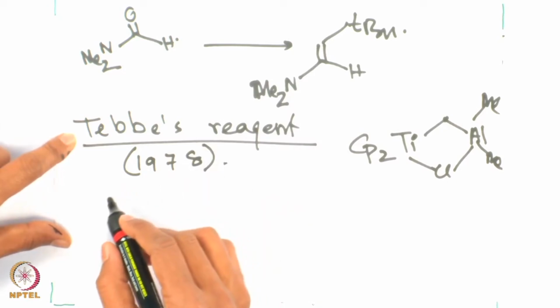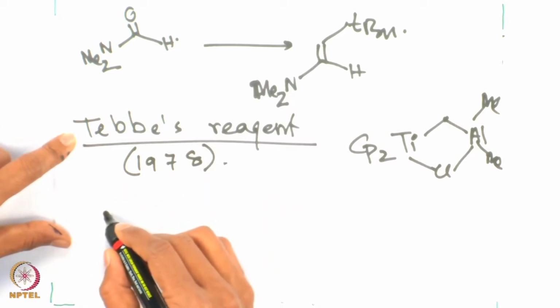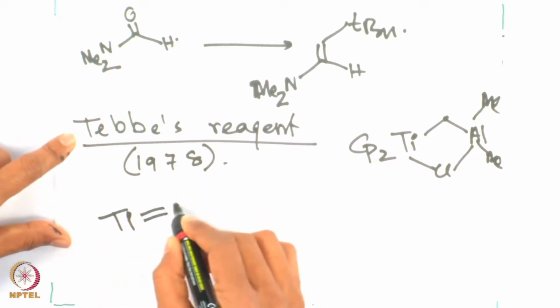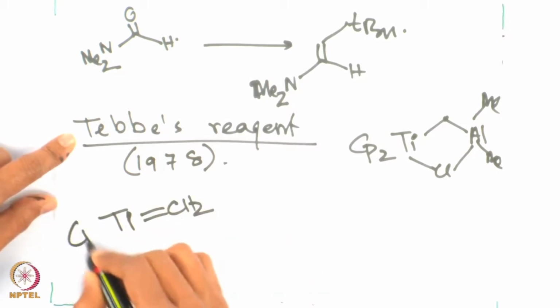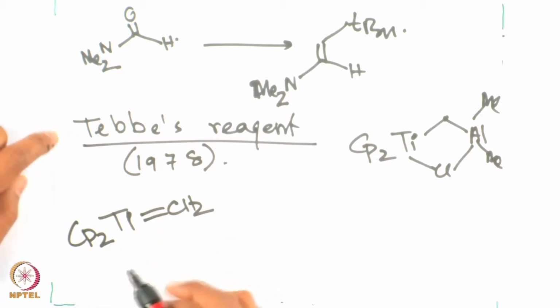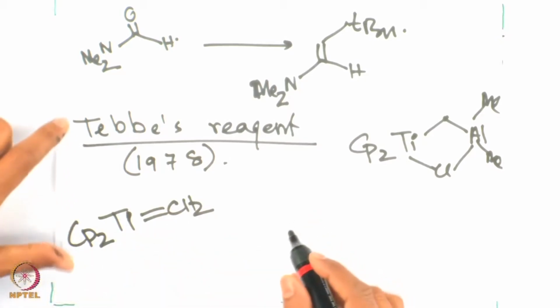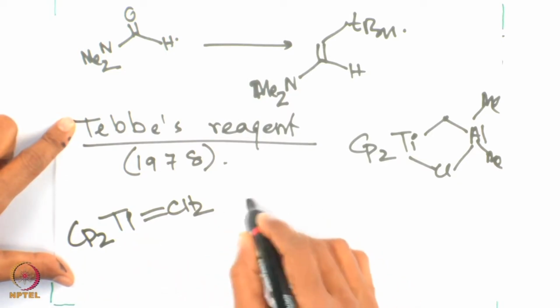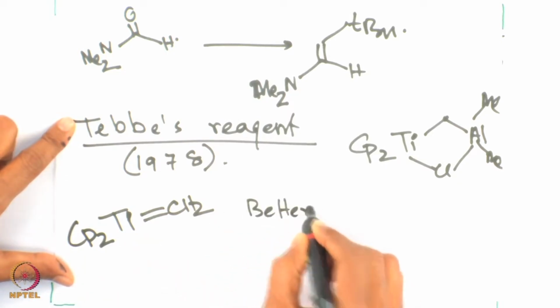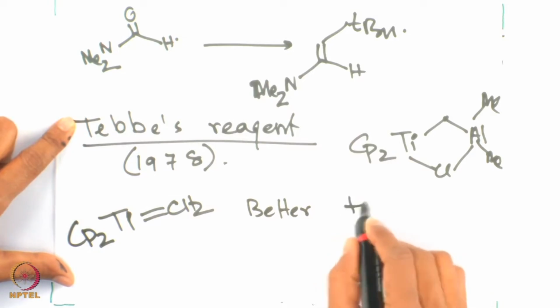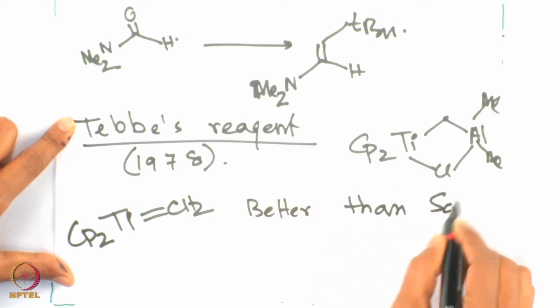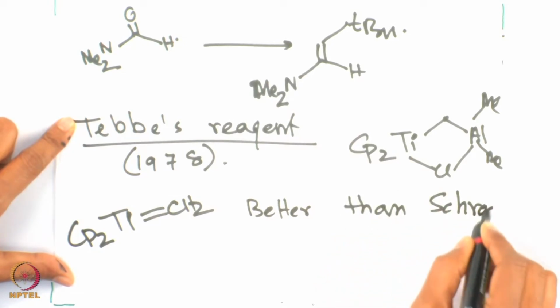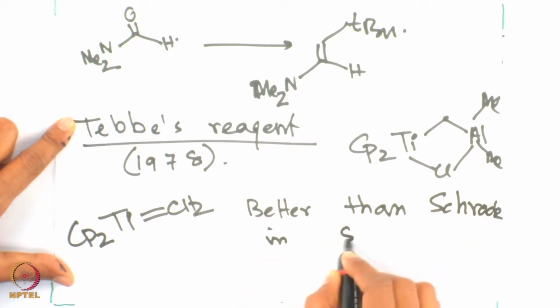These are methylidenes. The reactive species is dicyclopentadienyl titanium methylidene that is forming, and this is better in scope compared to even the Schrock one, better than Schrock in scope.